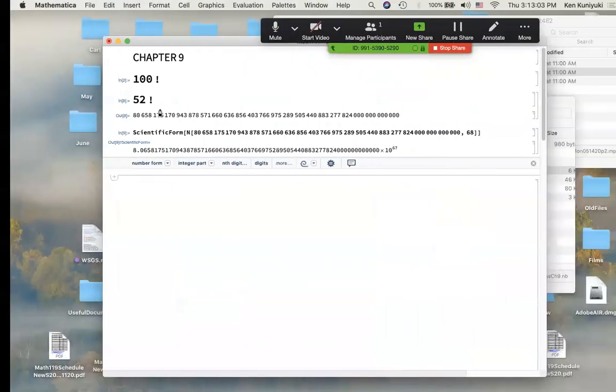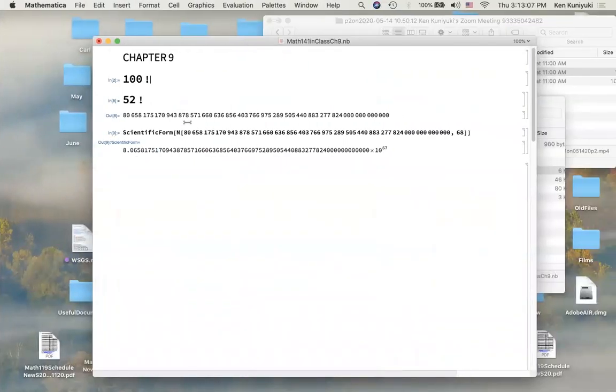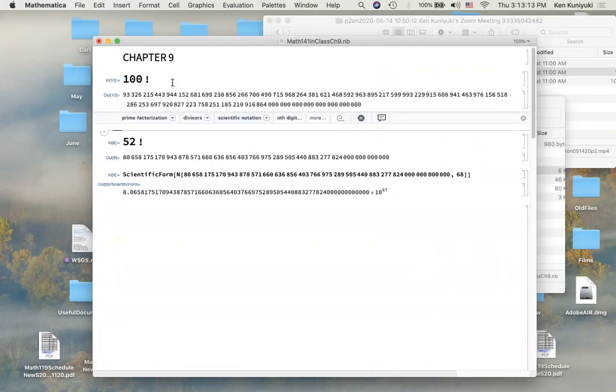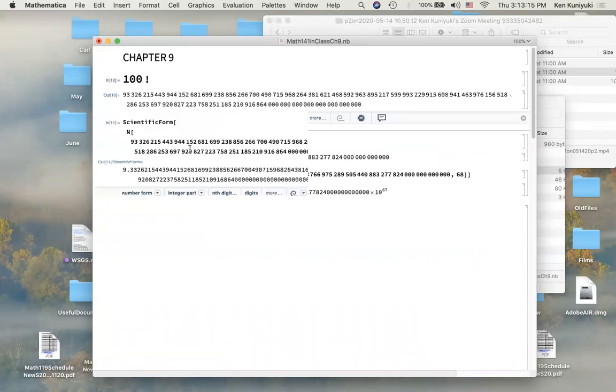Mathematica can. Let's try 100 factorial. Well, if you thought this was big, get a load of this. Wow. It takes a couple of lines here. I'll blow it up a bit. Oh, wow. Makes this look almost puny. In scientific notation, it's over 9 times 10 to the 157th.